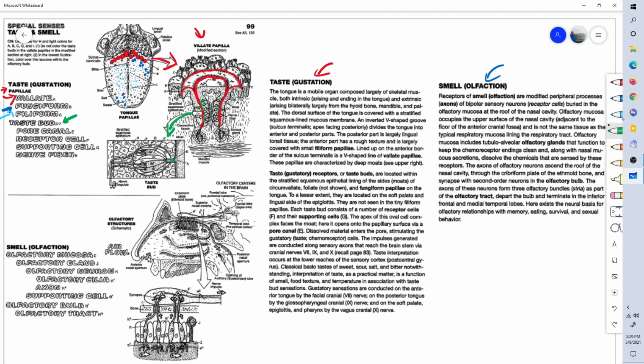Here is the vallate papillae here in red. It is actually called a pore canal. This is the pore canal.